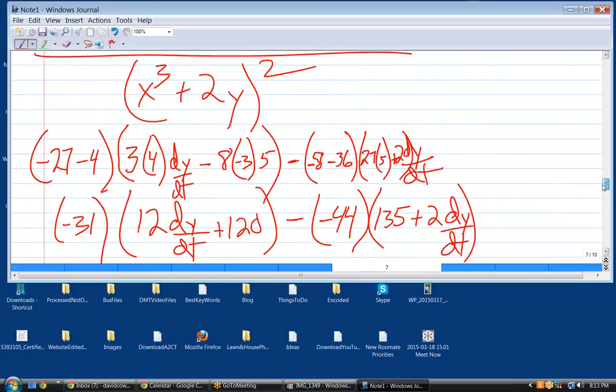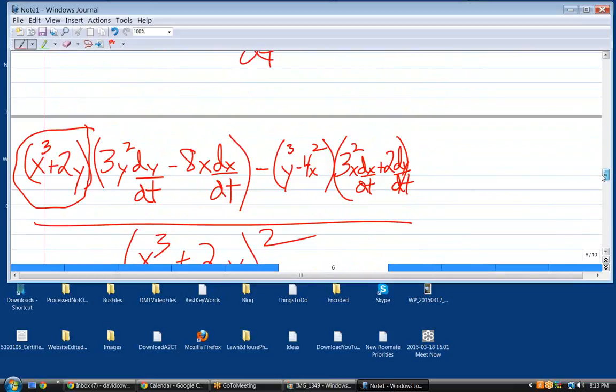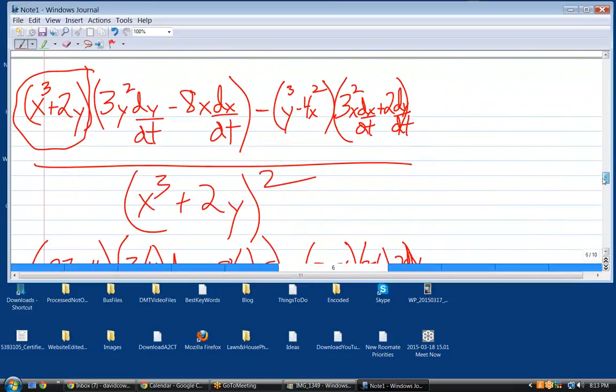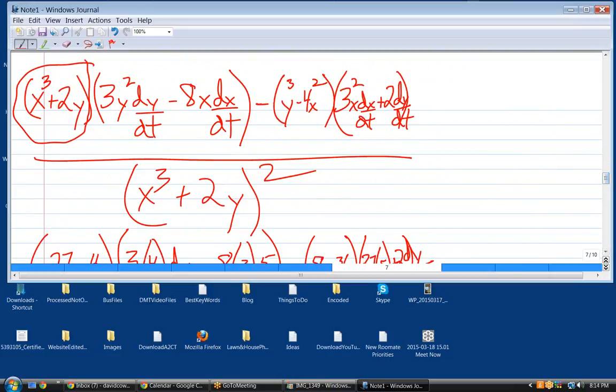We would have had to do the algebra and solve all of these ridiculously hard, complicated equations. Much, much harder than evaluating given a dx dt, an x, and a y.